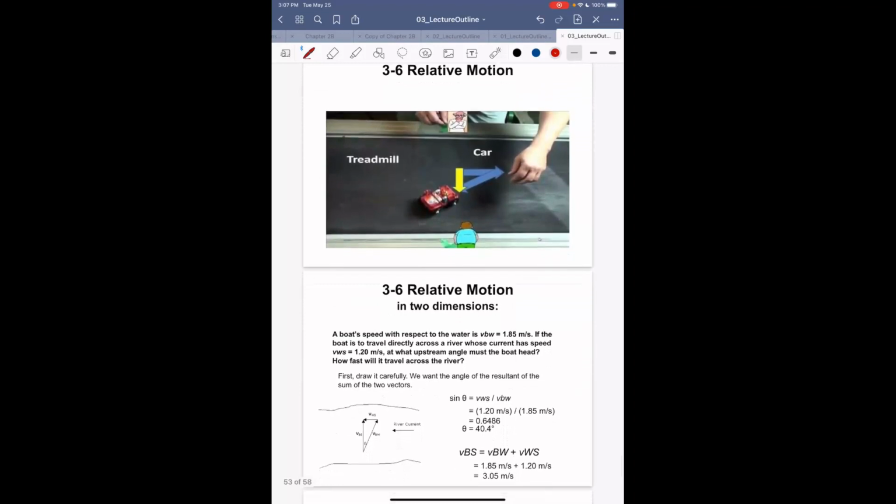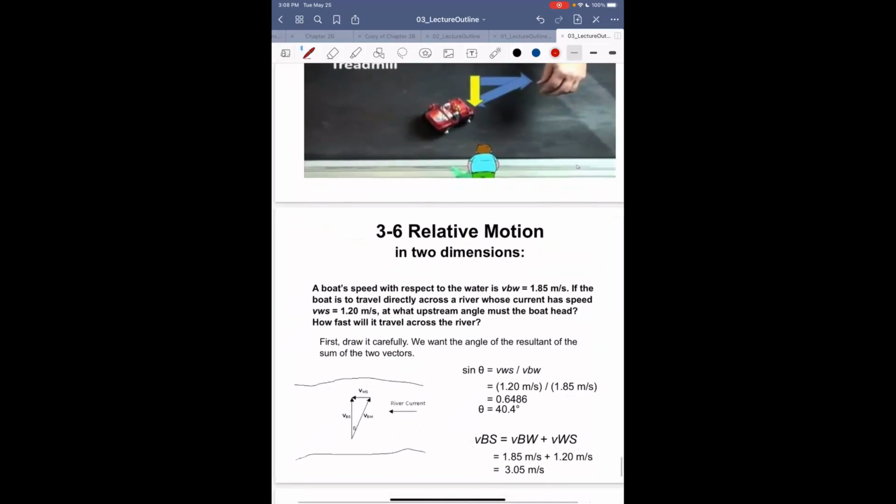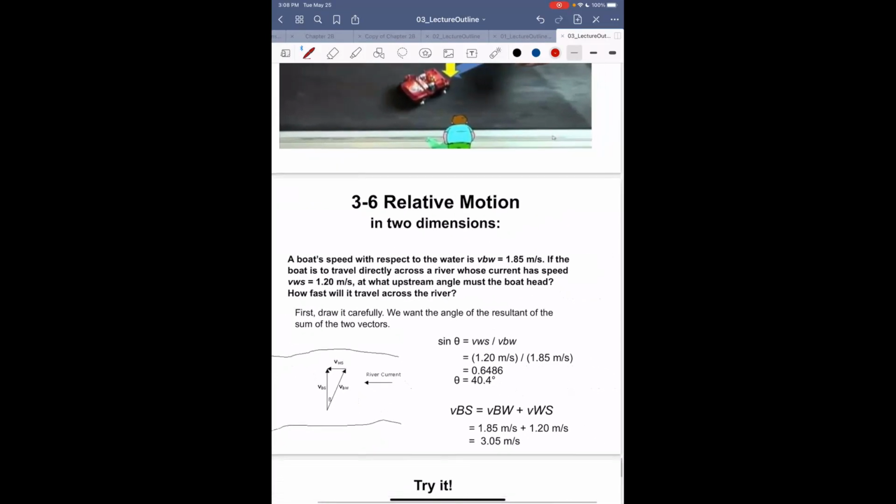Now, let me apply this to a boat, the one that I was talking to you about. If I have a boat, the speed of the boat with respect to the water is 1.85 meters per second. If the boat is to travel directly across a river, then we are going to follow that route here.